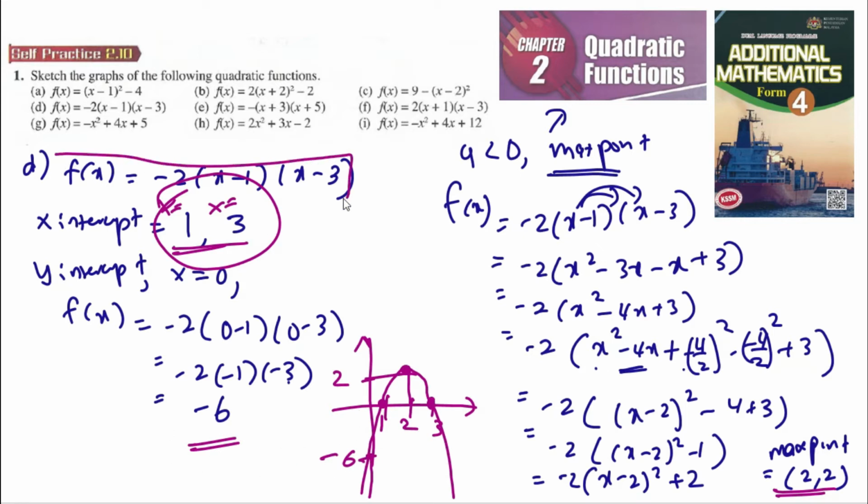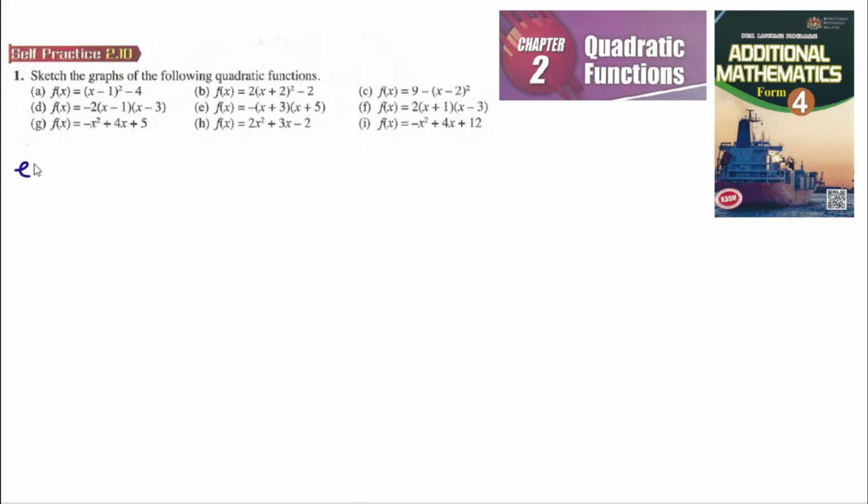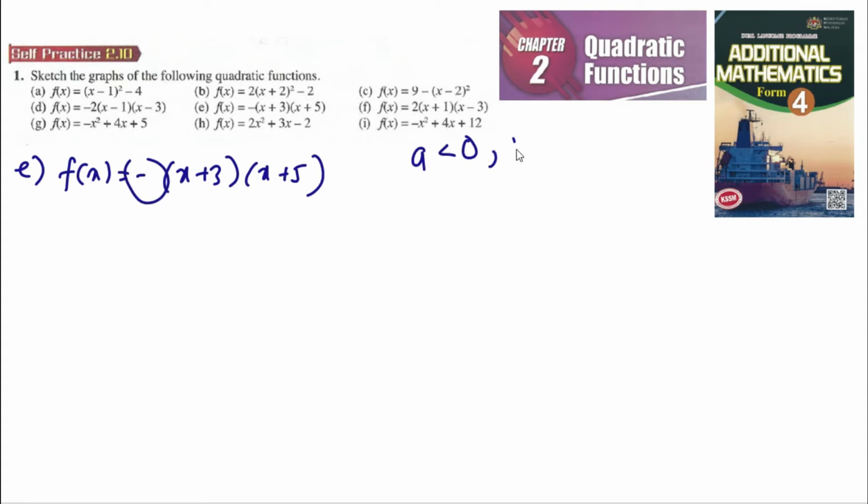f(x) is equal to -(x + 3)(x + 5). So we see here a is smaller than 0 because it is -1, so it has a maximum point. But from this intercept form we can find the x-intercepts: x is equal to -3 and x is equal to -5.